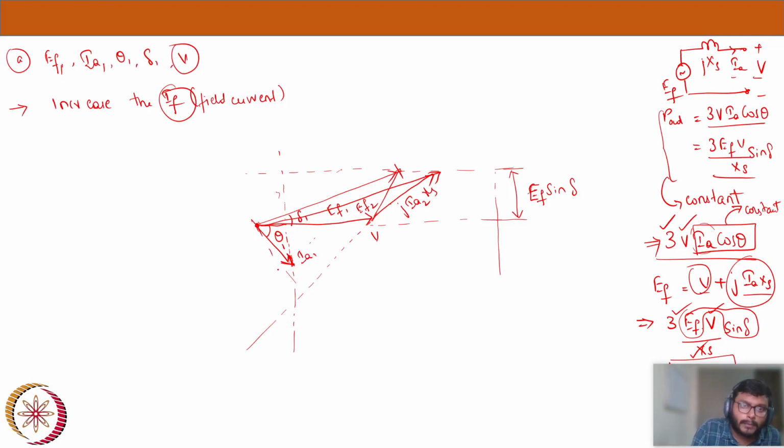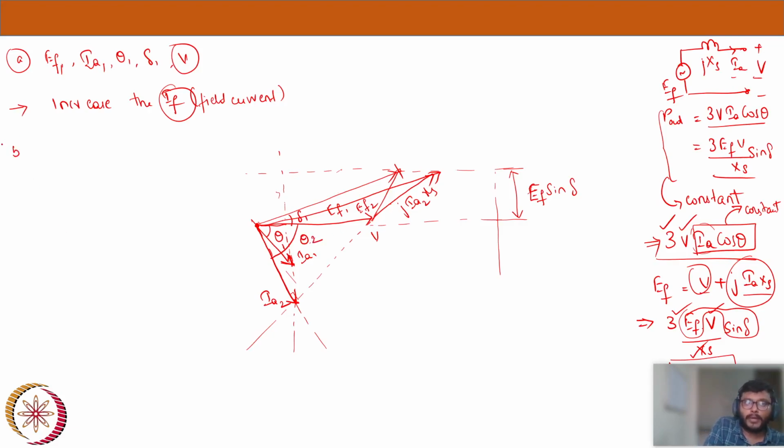Now if I draw a perpendicular line from here, and I also know it has to lie on this tip, the intersection point would be my IA2, this one. Because I know jIA2XS, with that as a perpendicular projection, I have to find back the IA2. This is my new IA2, and the angle between V and IA2 is my new theta 2.